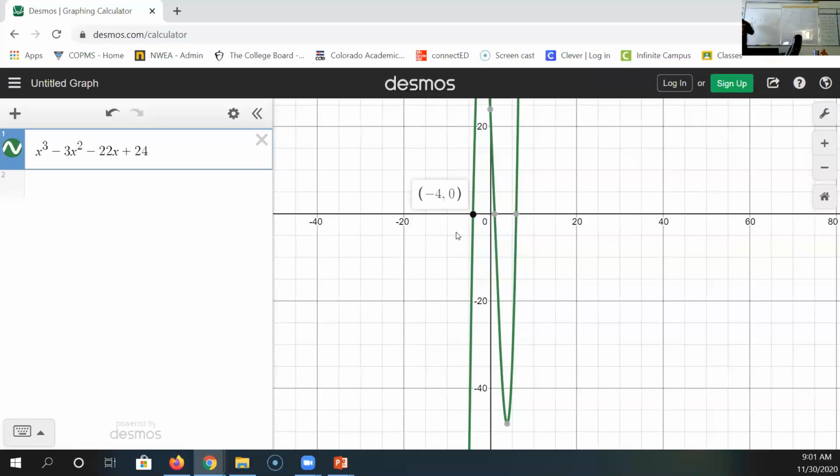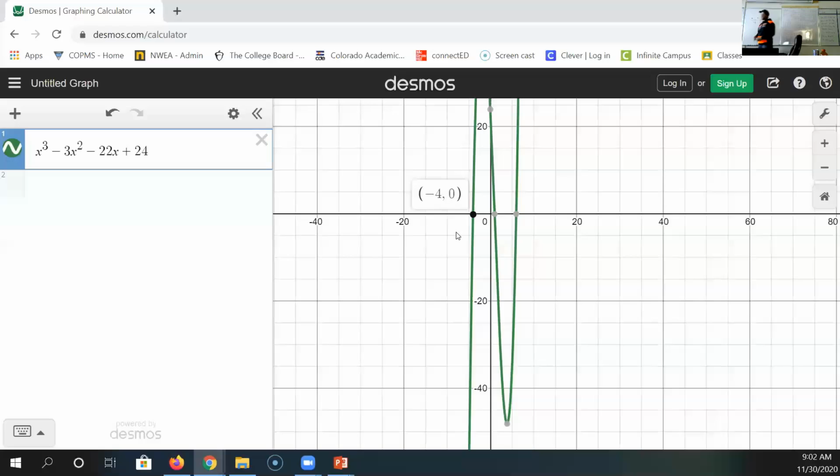I'm just building a sign chart on the whiteboard. So left-end behavior, I stay negative. That middle part between -4 and 1, I'm positive. But then between the real zeros of 1 and 6, I'm negative again. And then from 6 to positive infinity, I'm positive.